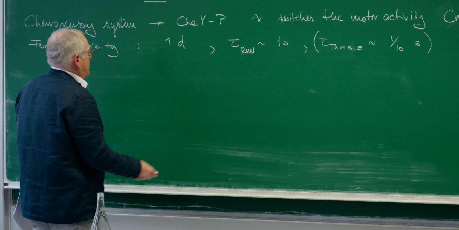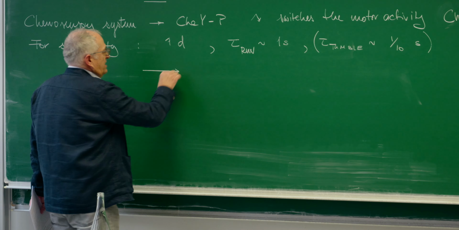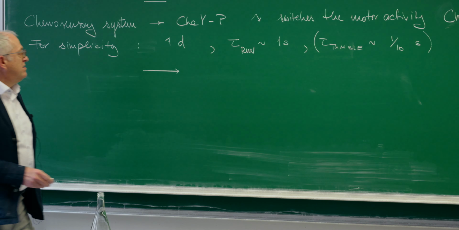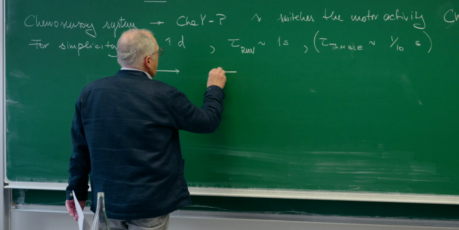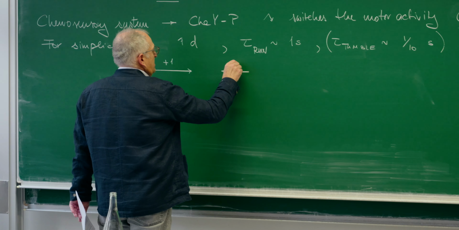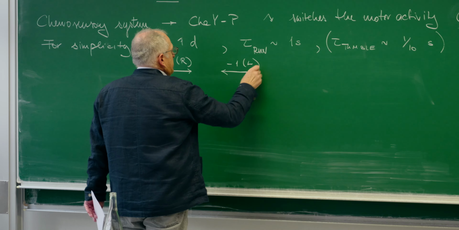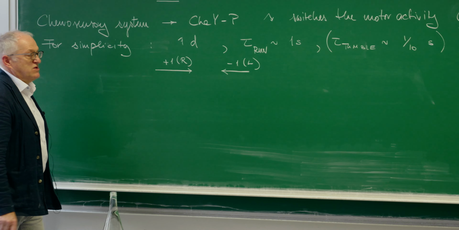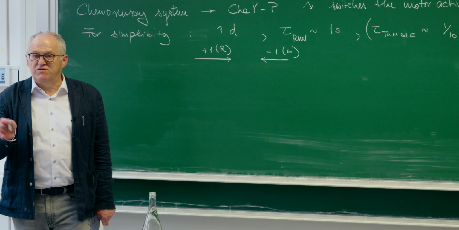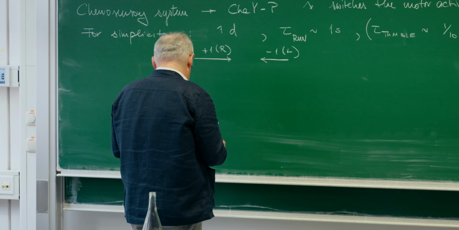So all we model is that our bacterium is either moving to the right or it's moving to the left. And I call this here +1 and -1, that's moving to the right. And this here is moving to the left. And the switching between the two, moving to the right and to the left, is by rates.